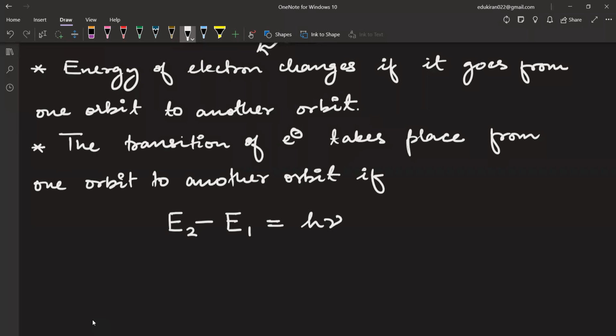So whatever frequency of light you are giving, that energy should be equal to the difference in those two orbits. Okay, it should be equal to the difference in those two orbits.